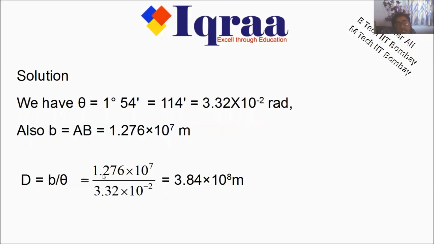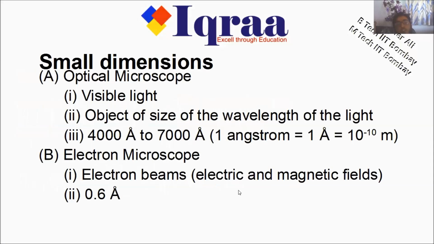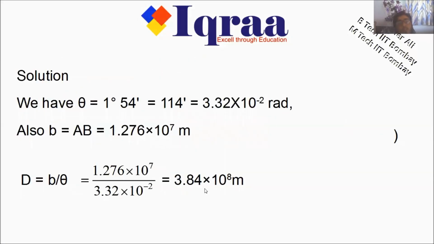D is equal to b by theta, which is 1.276 × 10 to the power 7 divided by 3.32 × 10 to the power minus 2, which comes out to be 3.84 × 10 to the power 8 meter. This is how we can use the parallax method to find out the distance of a far object from our Earth. Okay, that's for today, for how to calculate the distance of a far object using the parallax method.